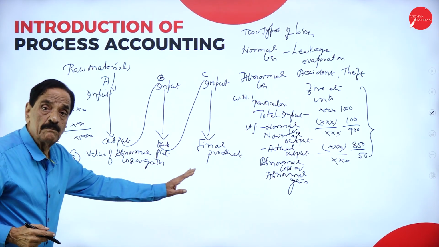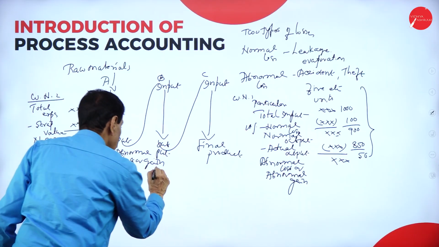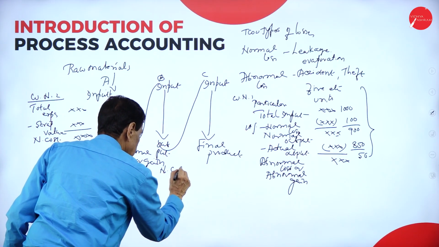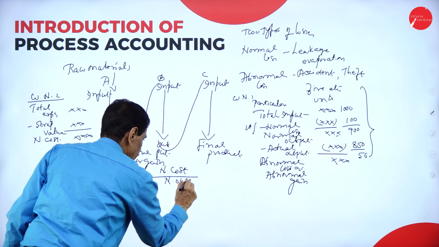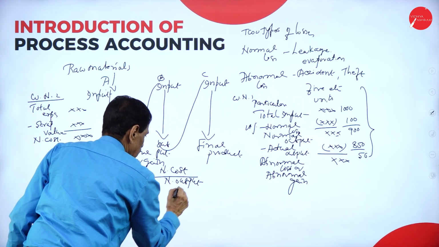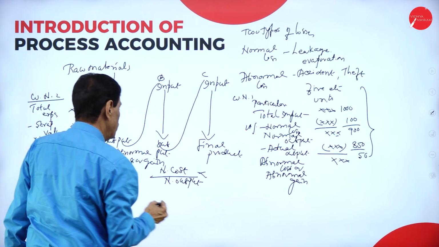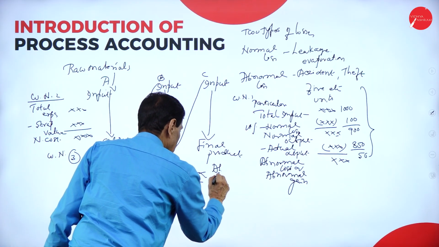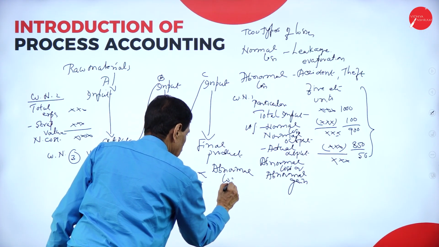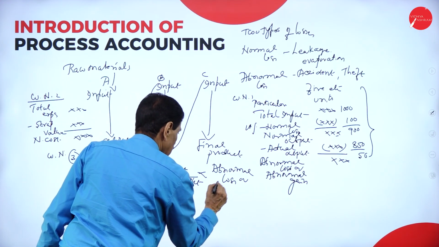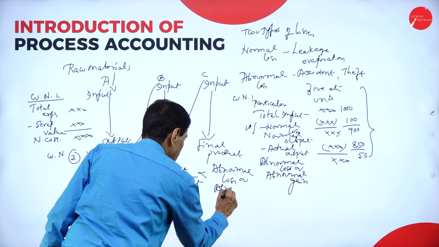The formula: normal cost divided by normal output, multiplied by abnormal loss or abnormal gain.